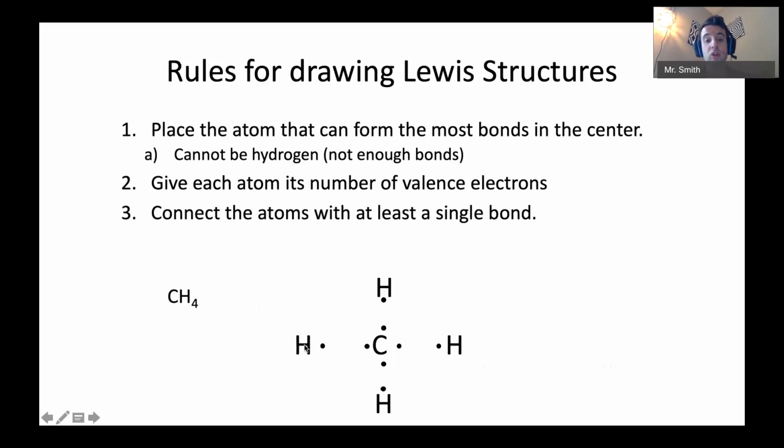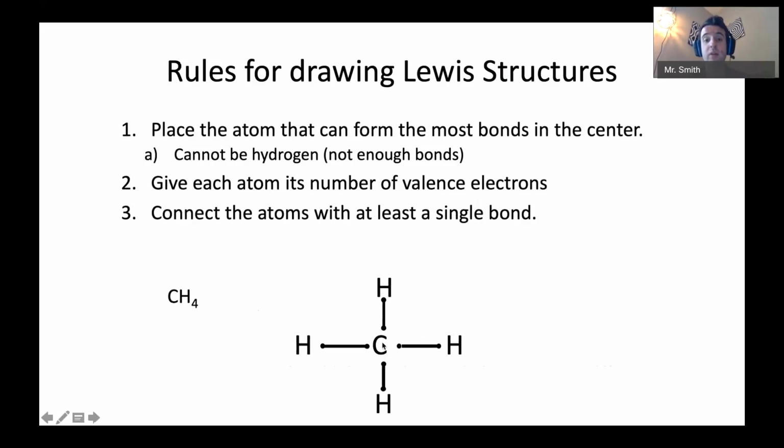So each hydrogen wants to form 1 bond, and carbon wants to form 4 bonds. There are 4 hydrogens, there's 1 carbon, so carbon can form 4 bonds to each hydrogen. And then notice how now each hydrogen has 1 bond, so each hydrogen's got 2 electrons, and carbon here has 4 bonds coming off of it, so carbon is acting like it has 8 electrons, which is nice.